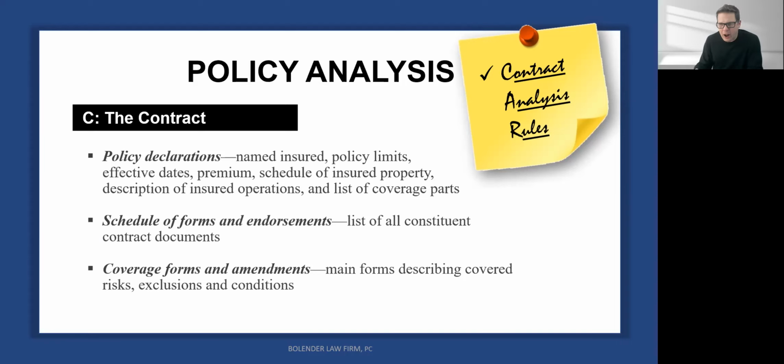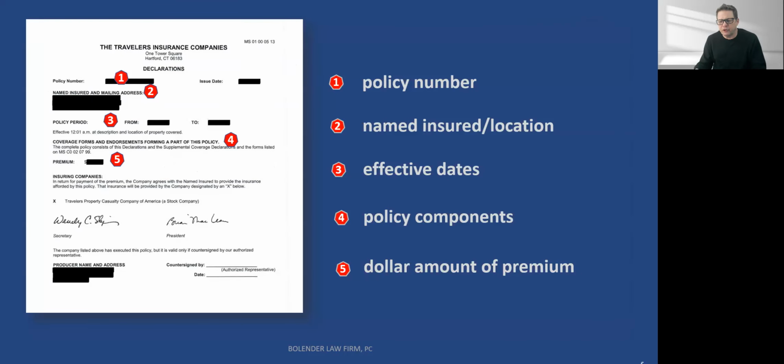So remember the acronym CAR, and I'm going to go into each one of these in a little bit more detail. The first step is C for the contract. What does the contract consist of? Well, the declaration pages are the natural first step in performing a coverage review.